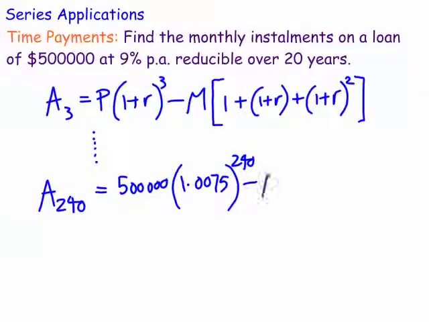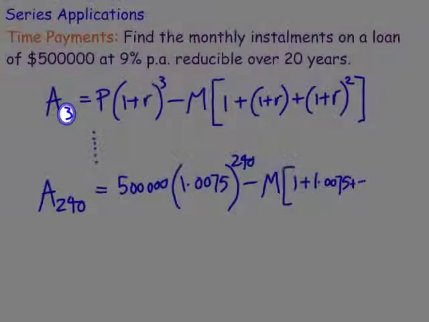Now minus m, again, we're going to have lots of these, 1 plus 1.0075 plus ... and let's have a quick look at the pattern. This was a 3, this was a 2, so 1 less.